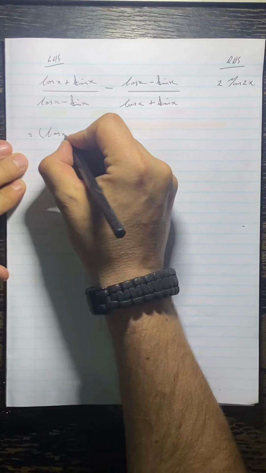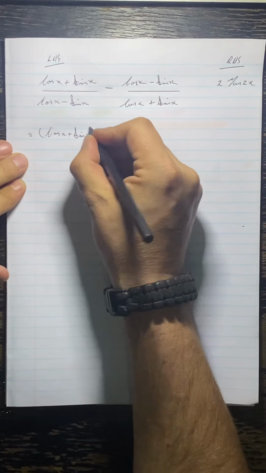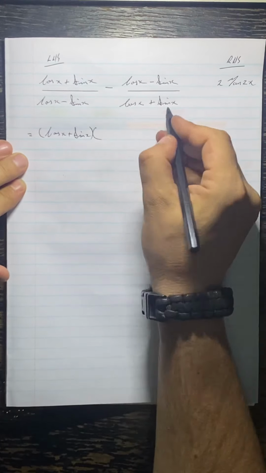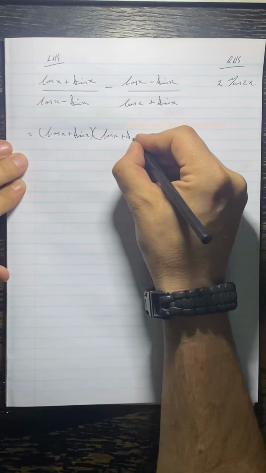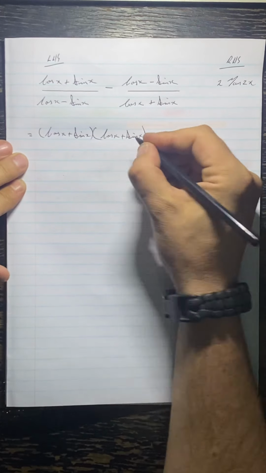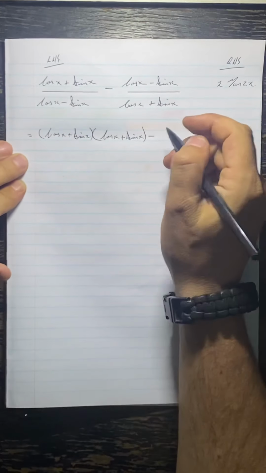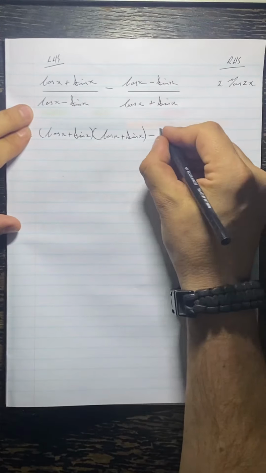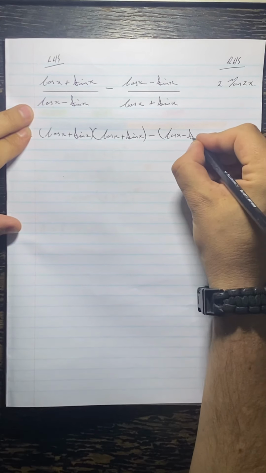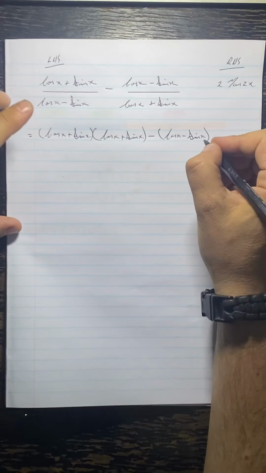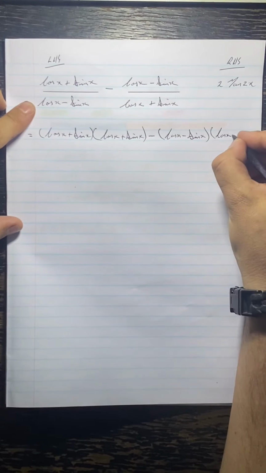Over here we will get cos x plus sine x multiplied by cos x plus sine x. Minus, now with this fraction I need to multiply it with that denominator, so we'll get cos x minus sine x multiplied by cos x minus sine x.